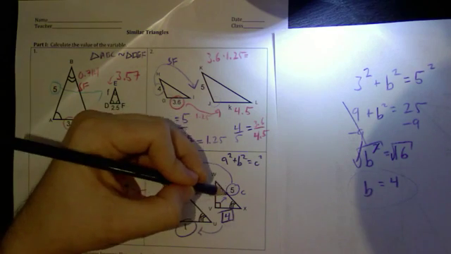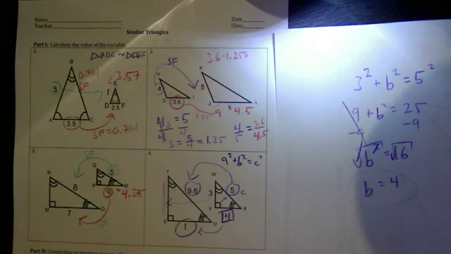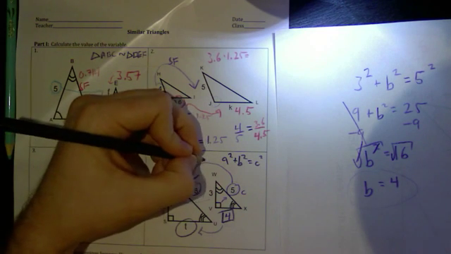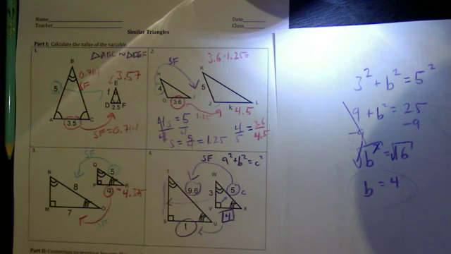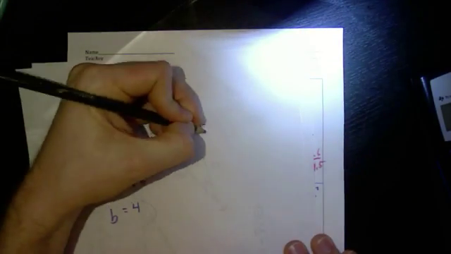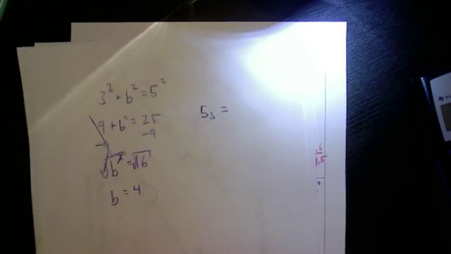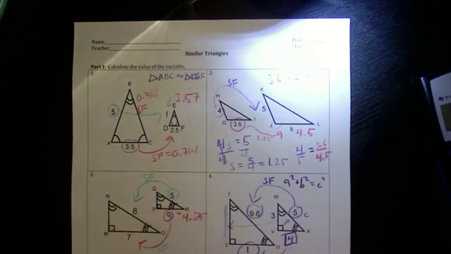Now I need to find the scale factor that I'm using to go from 5 to 9.6. So 5 times my scale factor gets me 9.6. Well, we'll just do that on this side over here. 5 times some scale factor gets me, what was it again? 9.6.